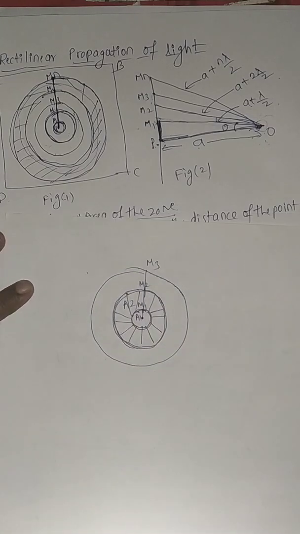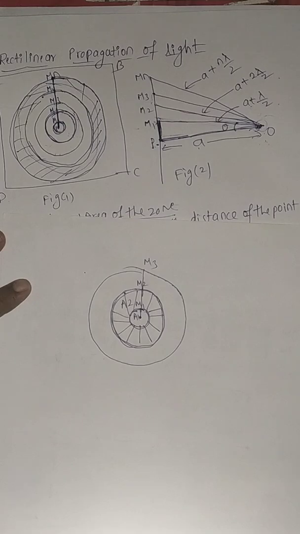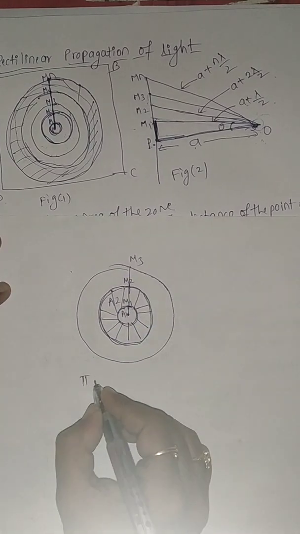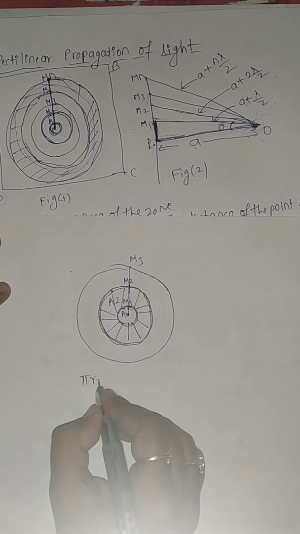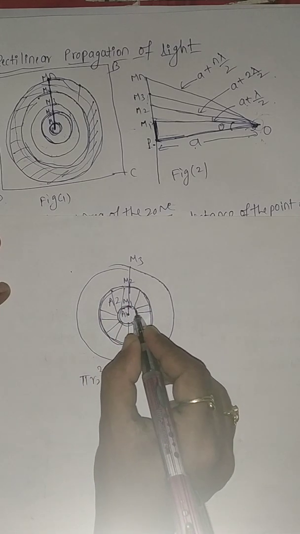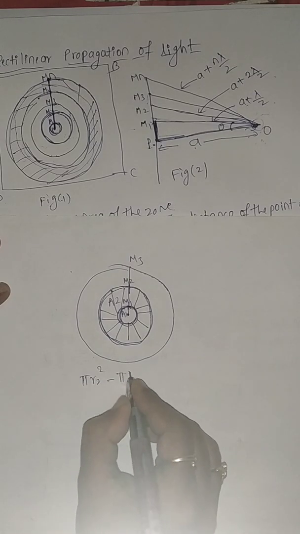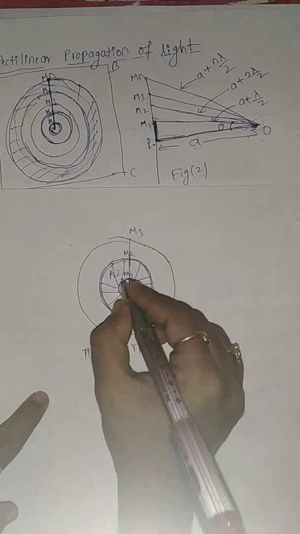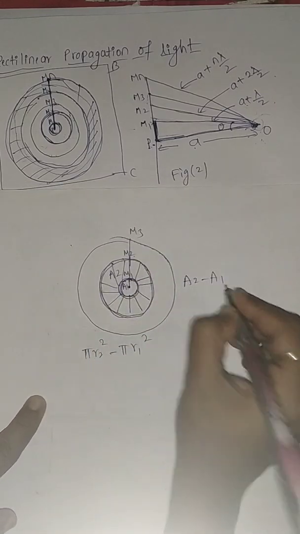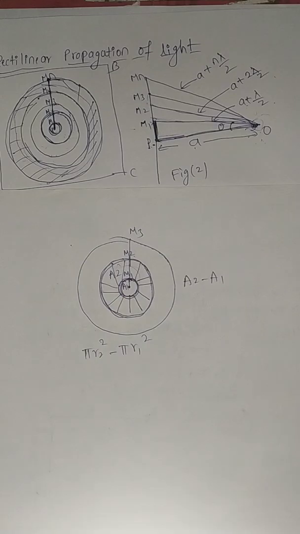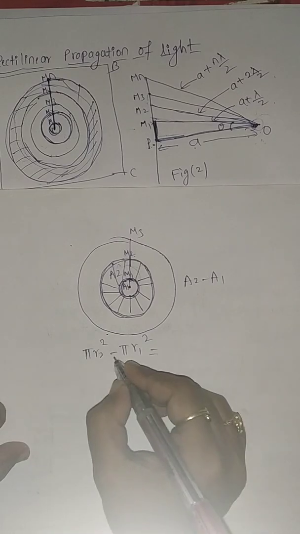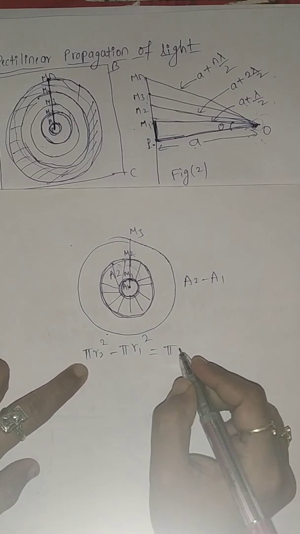Whole area you calculate. Whole area how we will calculate? Pi, this is whole area means R2 square. And out of that we should make minus pi R1 square. Okay, so whole area minus, means like this, A2 minus A1, if you make, in between that the area you can get. That is the area of the second zone actually. So pi R2 square minus pi R1 square, which is equal to pi, what is the R2 square value?